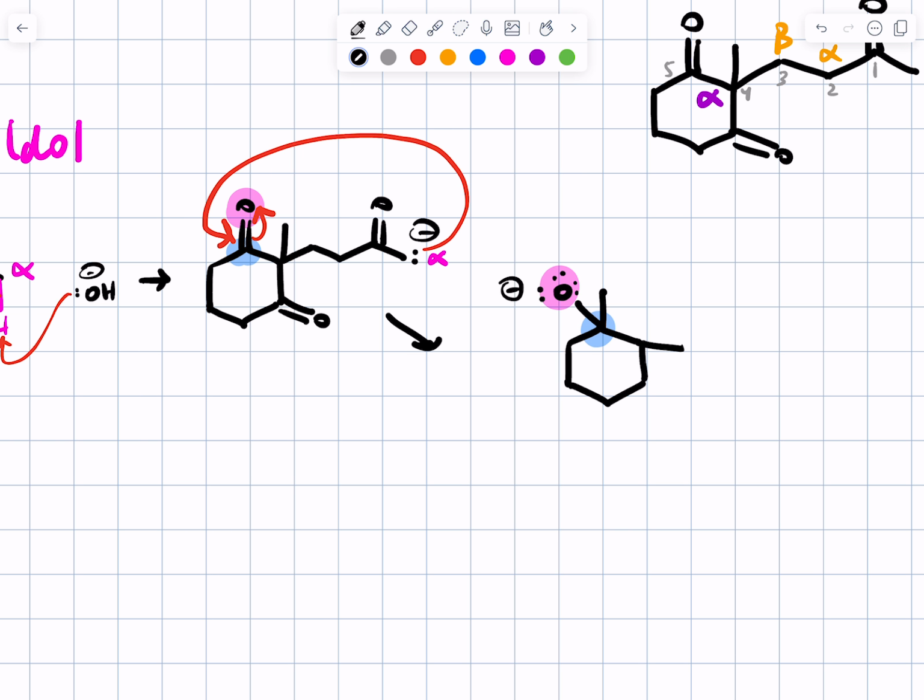And then here is the bond to the pink alpha carbon. And we've got 1, 2, 3, 4, 5, 6 atoms between the pink alpha carbon and the carbonyl carbon. So I'm going to draw a 6-membered ring here. 1, 2, 3, 4, 5, and 6.